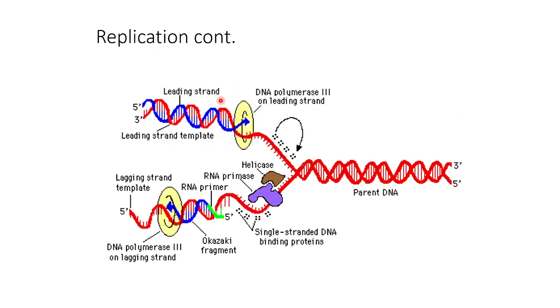So you see over here, this is the template, the parent DNA, it unwinds, and then the leading strand is produced in the 5' to the 3' direction, and then you have the lagging strand which is produced in the reverse direction. So it starts from the 5' to 3' again, from this side and this side, and then it is joined by the ligase enzyme, right?